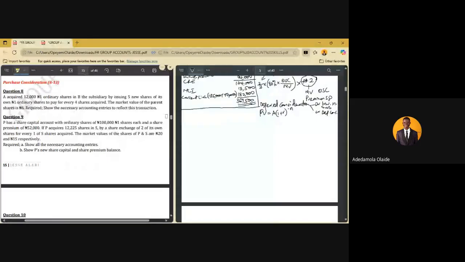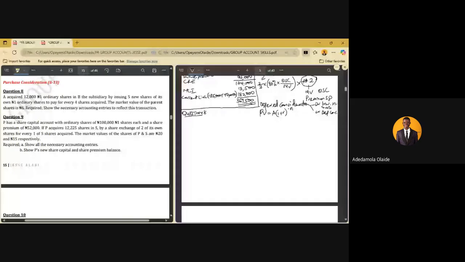So let's look at it. I don't want to keep us up for too long. The subsidiary issues its own ₦1 ordinary shares to pay for every 4 shares acquired.